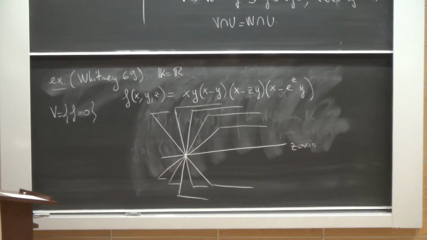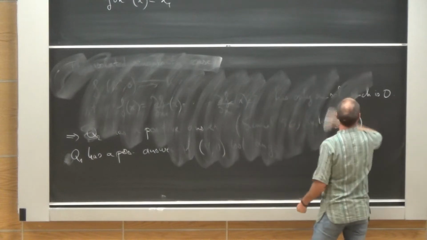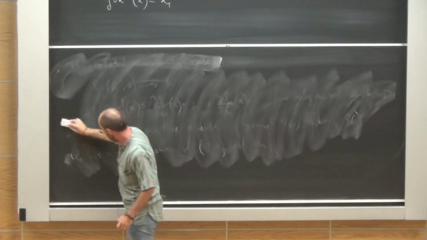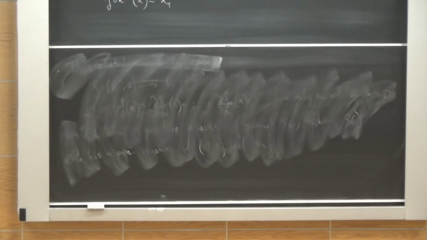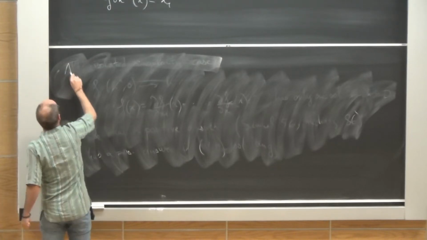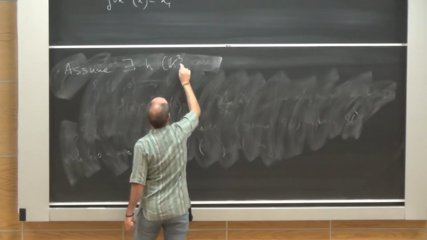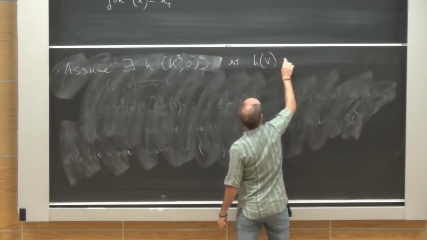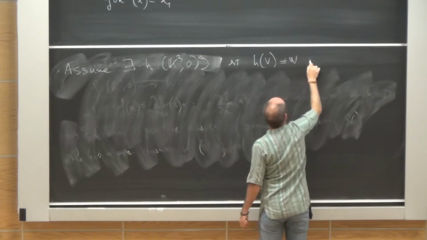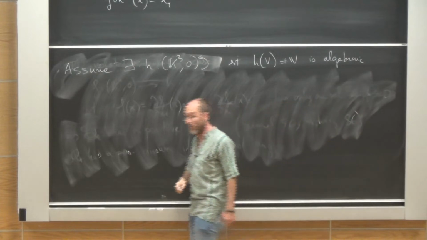So assume that there exists H from K^3 into itself, which is bianalytic, such that H of V, which I call W, is algebraic, defined as the zero locus of one polynomial function.